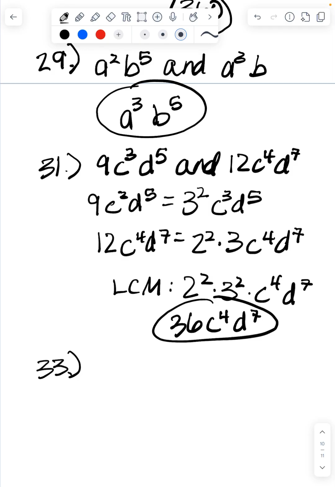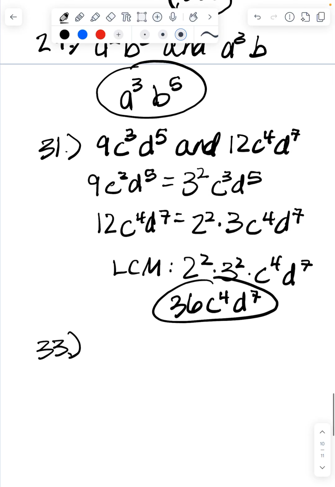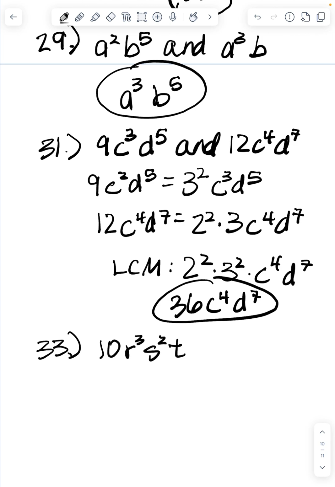Number 33. Okay, instead of rewriting this multiple times, I'm just going to write my list here. So I have 16. Oh, wait, is that the right one? Nope, that's 34. Okay, so 33 is 10 r cubed s squared t, 25 r squared s cubed, and then 40 s squared t squared.